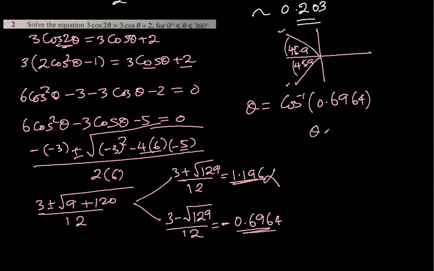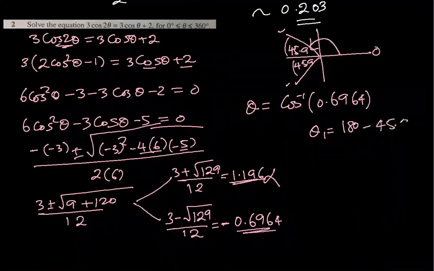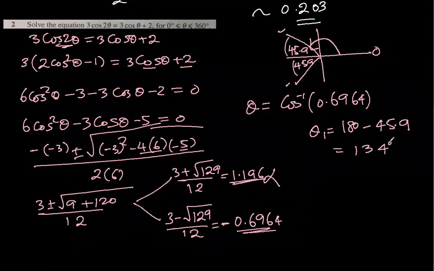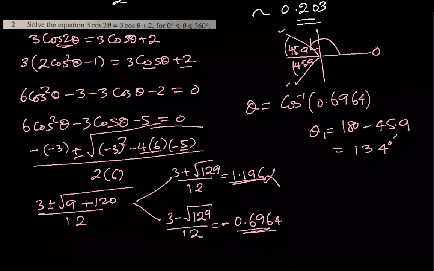First one, theta 1. We start from 0 degrees and go to the line created inside the second quadrant, which is 180 minus 45.9. That is 134.1. They said that if the angles are in degrees, we can give the answer up to one decimal place.